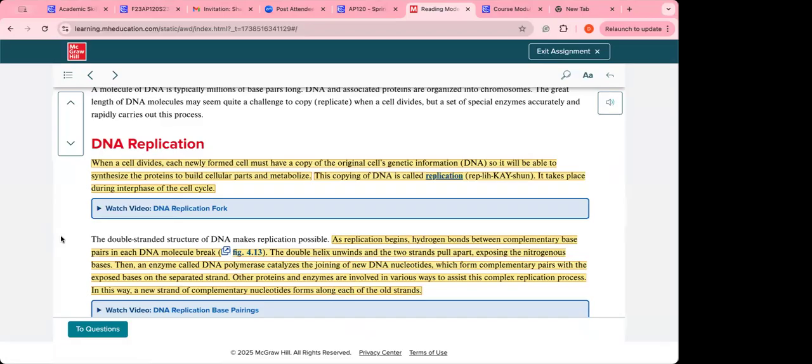So you break the bonds between the base pairs, then you unwind the helix, and then you pull the strands apart. So you break hydrogen bonds between base pairs, you unwind the double helix, and then the bases are exposed.